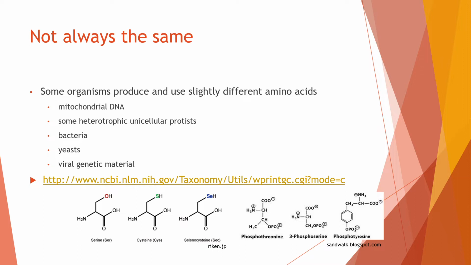Why? Evolution. We are not going deeper into that. But of course, it doesn't mean that the same bacterium will use a totally different set of amino acids for building its proteins than the rest of organisms. No, the basic set of 20 is the same. Only one amino acid is replaced by another one. And this is how these exceptions may look like.